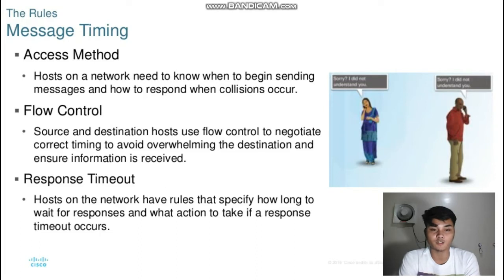Source and destination hosts use flow control to negotiate correct timing to avoid overwhelming the destination and ensure information is received. Then response timeout: hosts on the network have rules that specify how long to wait for responses and what action to take if a response timeout occurs.